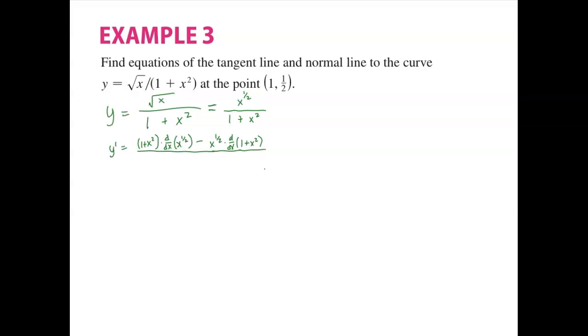Low d high minus high d low, square the bottom, and away we go. Cool, so we're all set up to do the calculus part. We just haven't done it yet. We just need to do the calculus on these 2 parts.